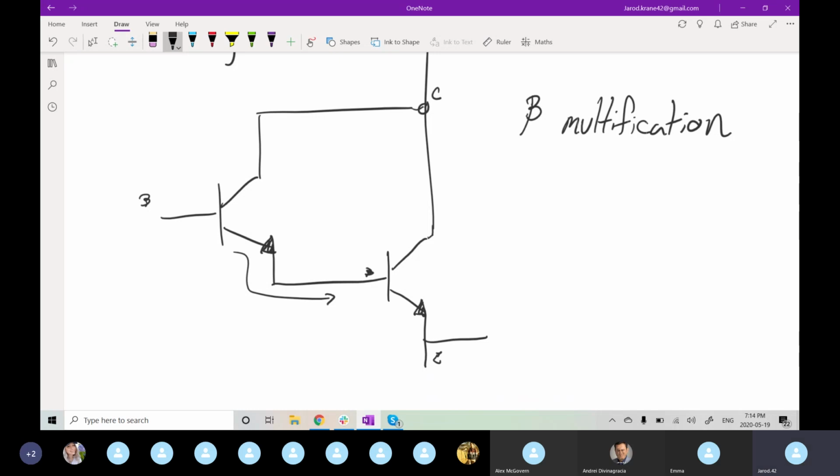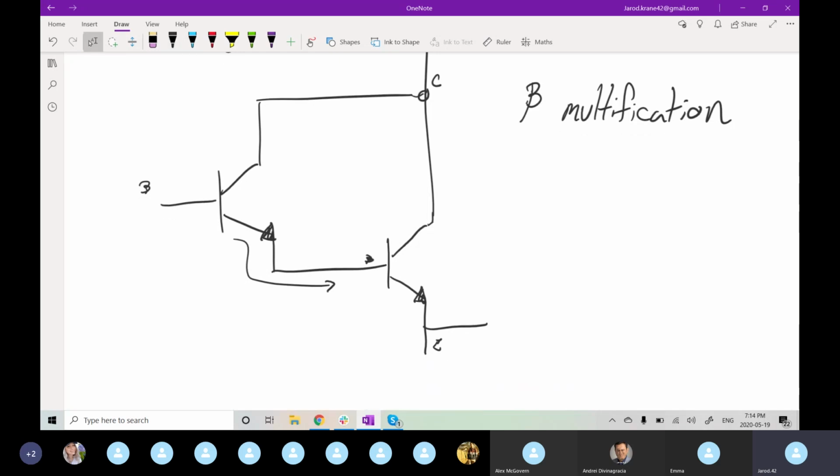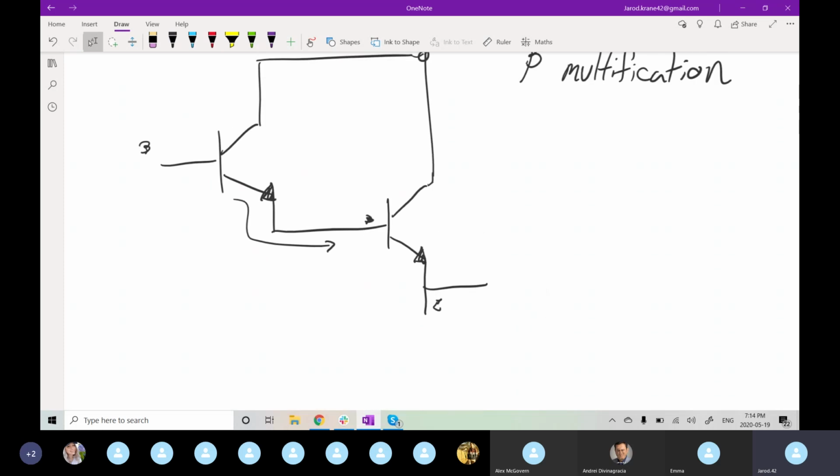So when we set it up in this pair, what we're able to see is our current multiplier from both. So your beta 1, whatever that'll be, and your beta 2, will actually be multiplied. So by setting up this configuration, we can achieve a much greater output current.